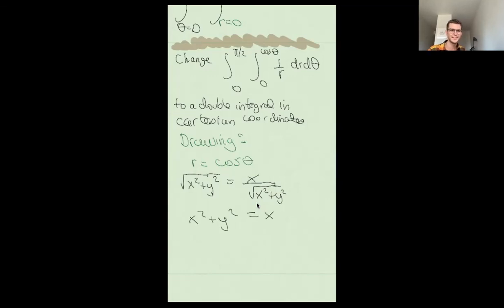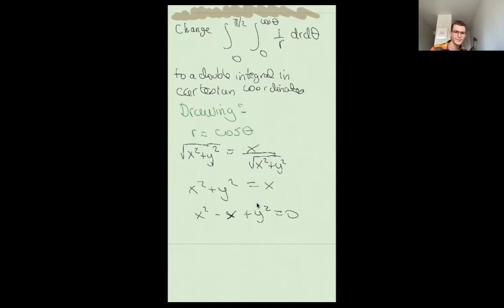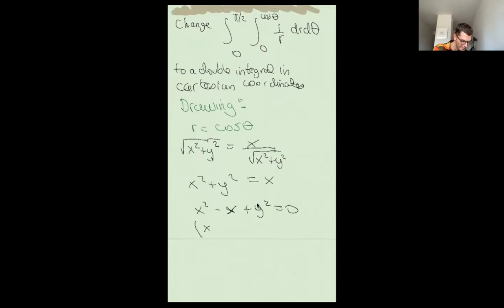And does anyone recognize this shape? It's a circle if you complete squares. So this is x minus 1/2 squared plus y squared equals 1/4.